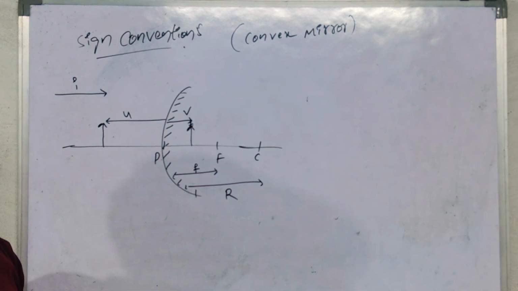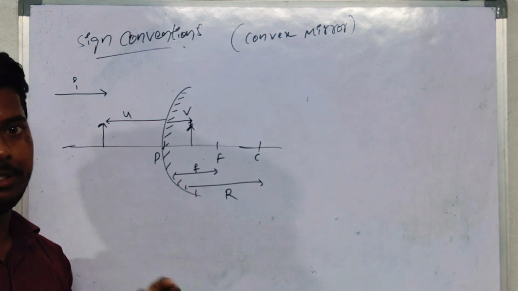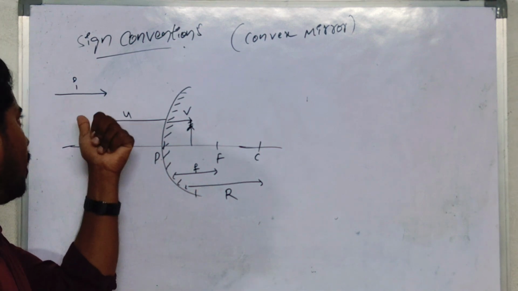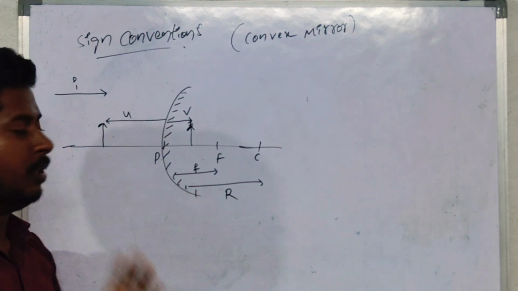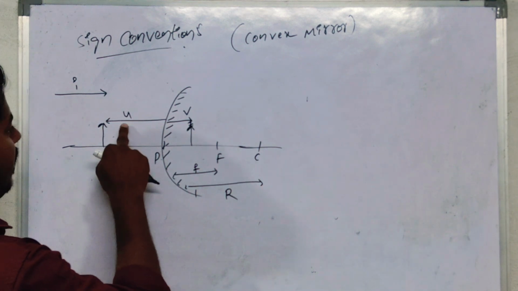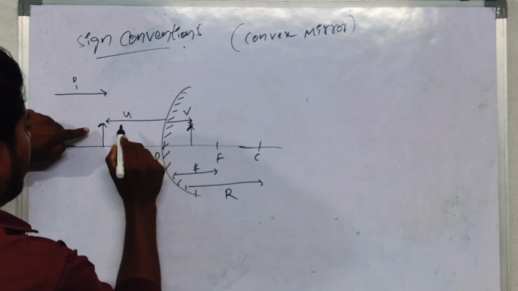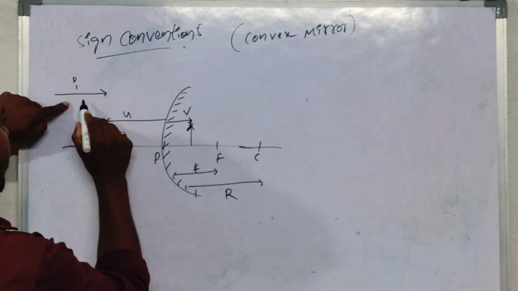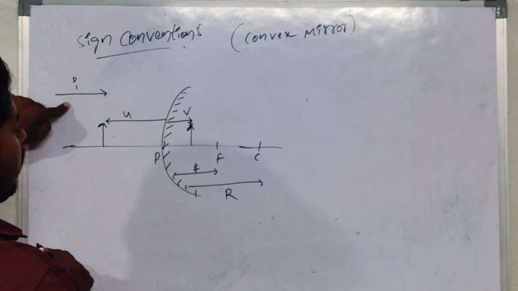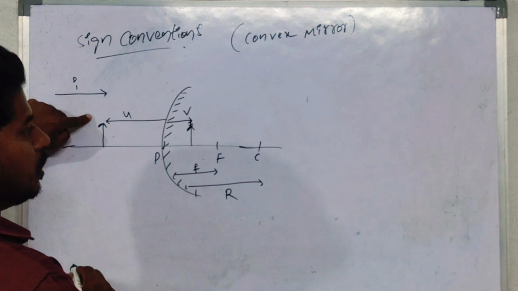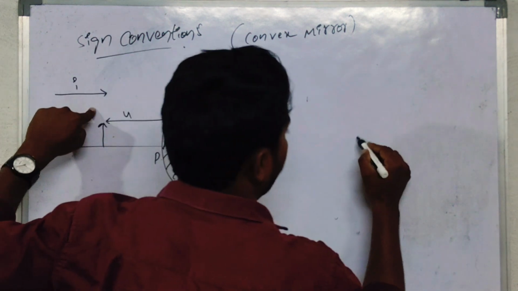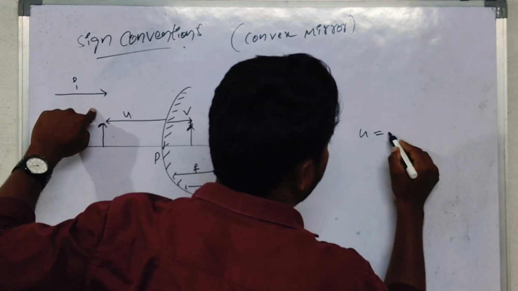So every distance should be compared with the direction of the incident ray. Now come to the object distance. The direction of the object is towards left and the direction of the incident ray is towards right. Both are in opposite directions. So consider u negative.